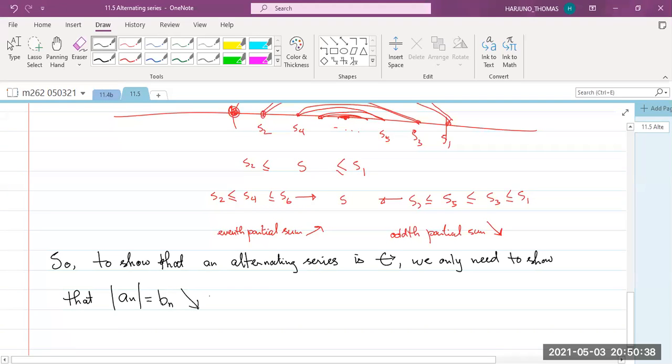And it is decreasing to 0. Okay? At least eventually. That's all we need to show. We need to show it is decreasing down to 0.